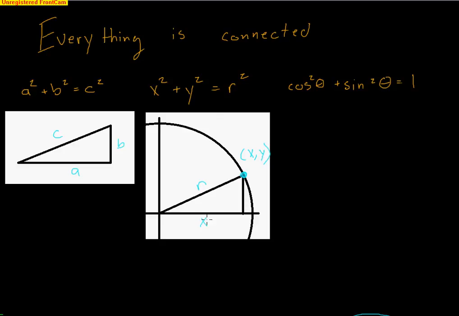The horizontal distance across the bottom is x. The vertical distance across the top is y. And we know that x squared plus y squared equals r squared. And we also know that if we view this in terms of the ratios between x, y, and r, cosine squared plus sine squared equals 1. So 3 ways to understand the exact same concept.